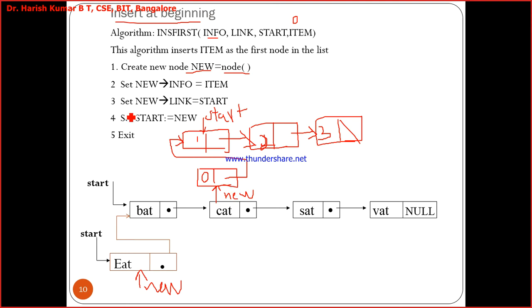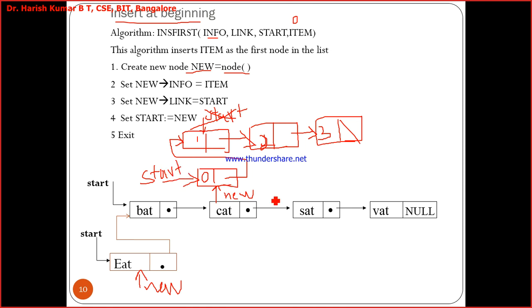How to do it? It's very simple. Start is equal to new. You're assigning the address that is there in new to start. Once this statement gets executed, start is no longer pointing to this. Start comes and points to this. Hope you understood?